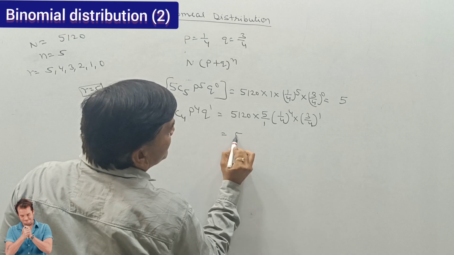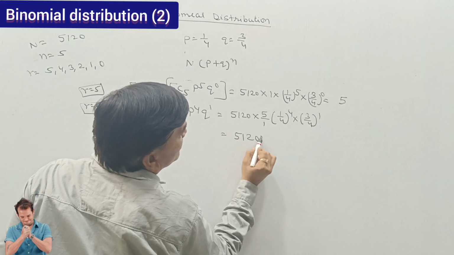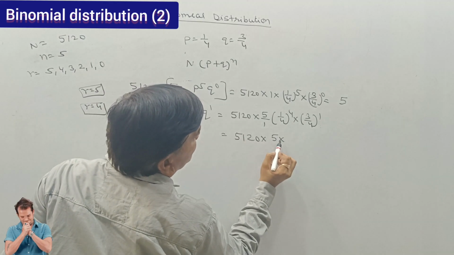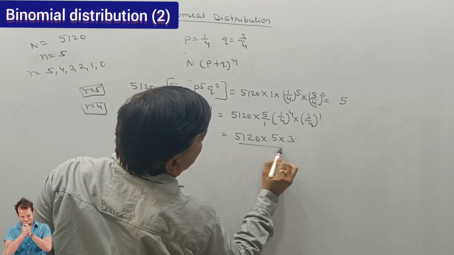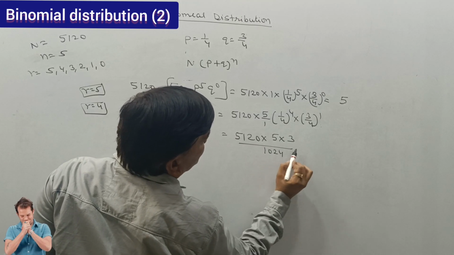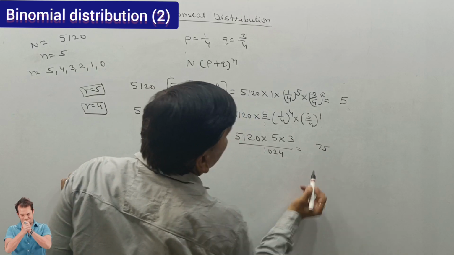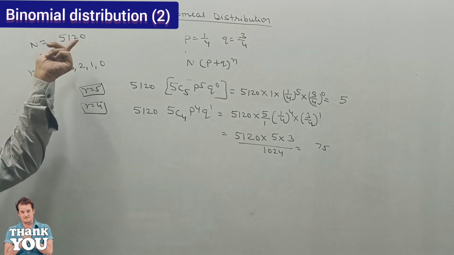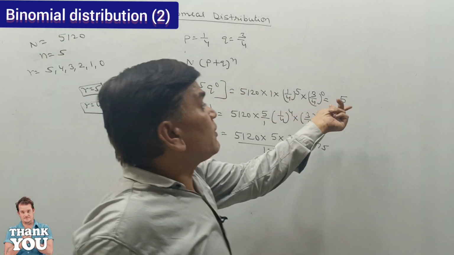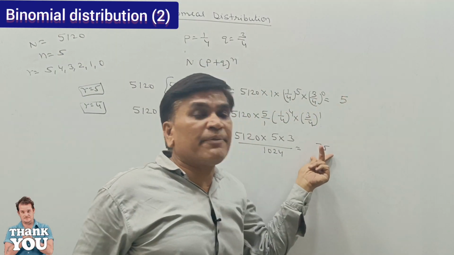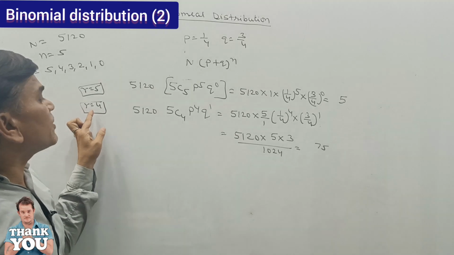So the calculation is 5120 multiply by 5 multiply by 3 divided by 1024. So that is 75. It means among 5120, 5 will destroy all, and 75 will have 4 destroy seeds.